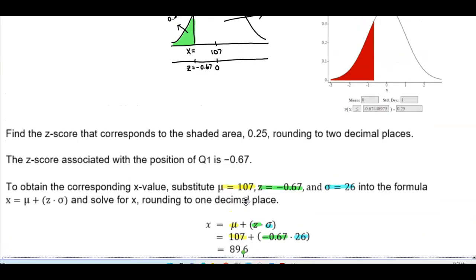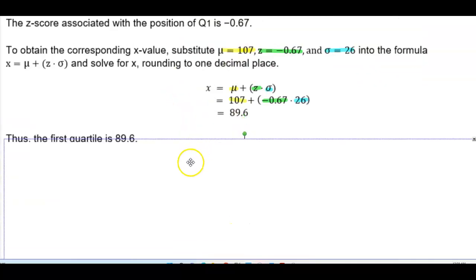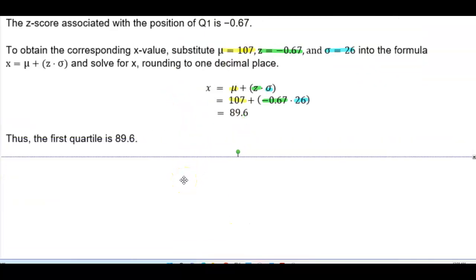And so up here, we're now going to say that the value of x is 89.6. That number should be less than 107, so it is. So we would say the following: the first quartile is 89.6.